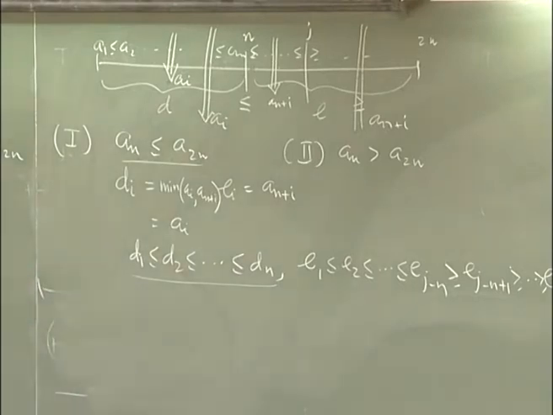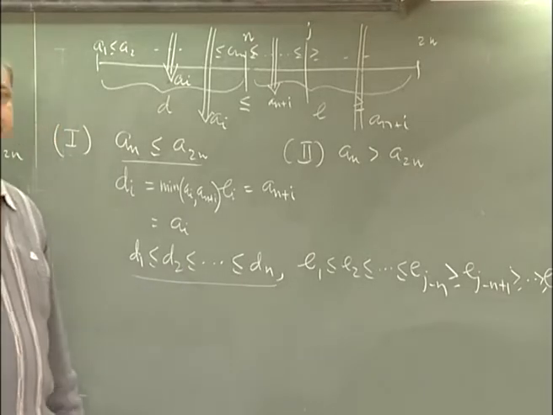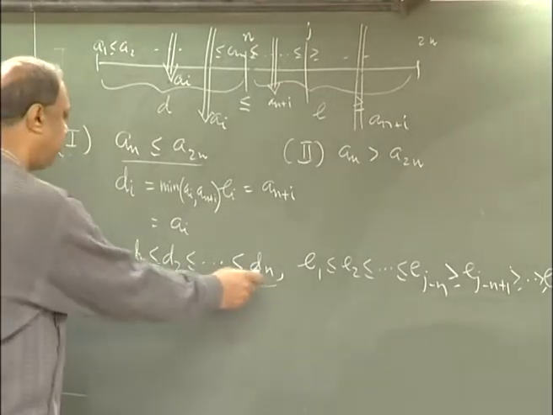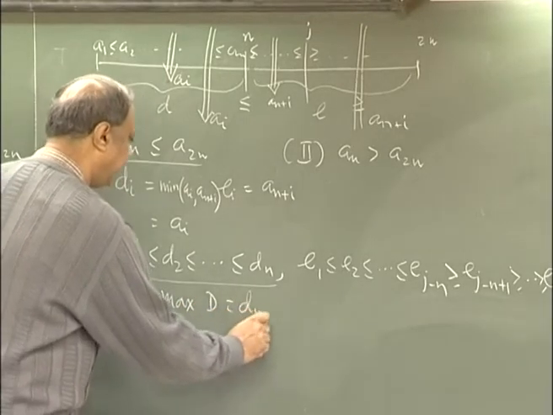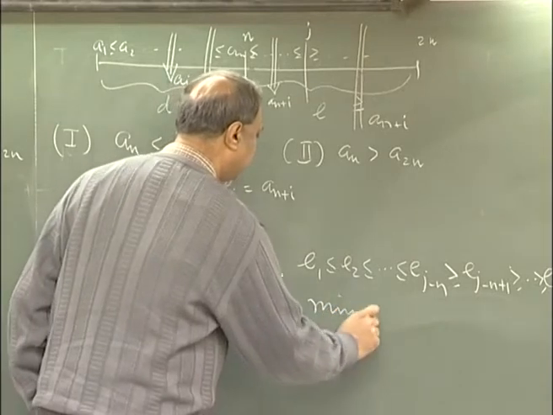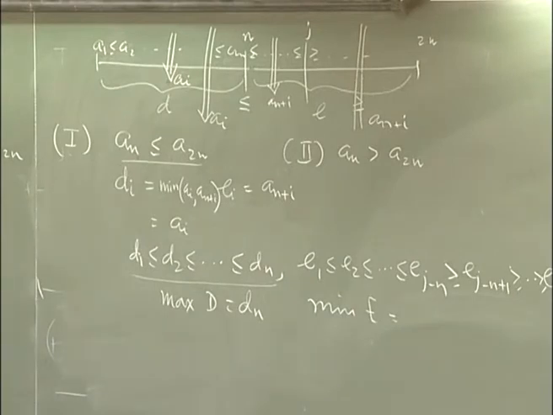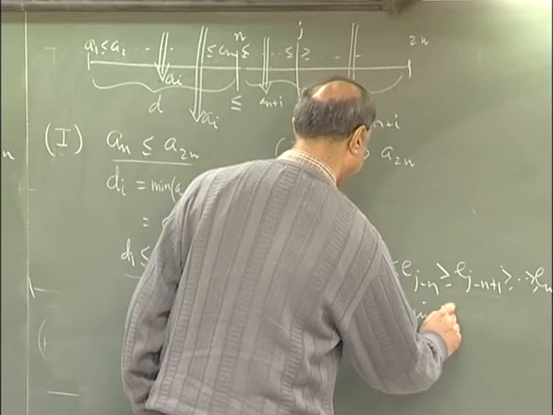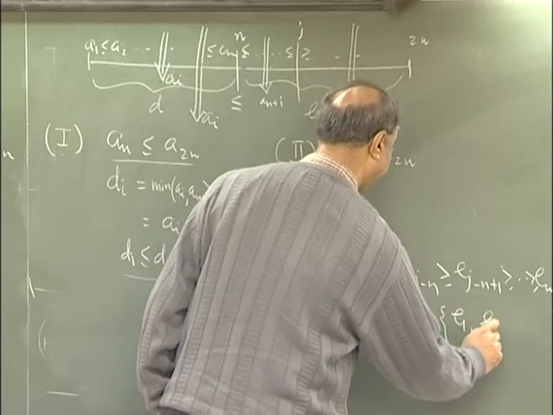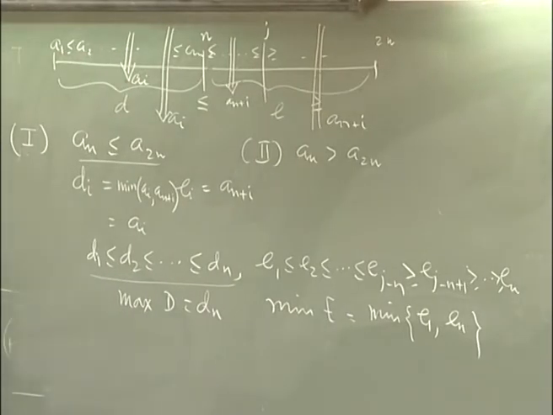Second part is the maximum of the D sequence, which is Dn. Minimum of the E sequence is what? Either E1 or En.